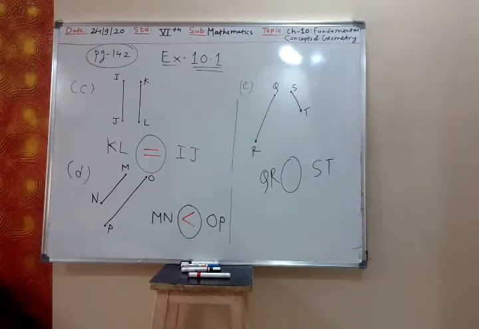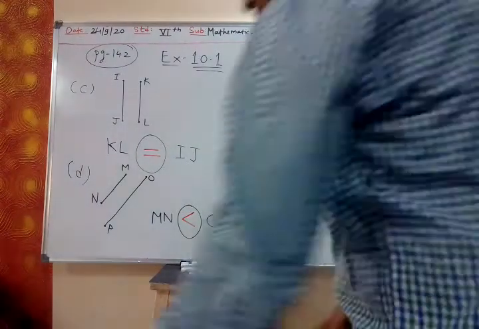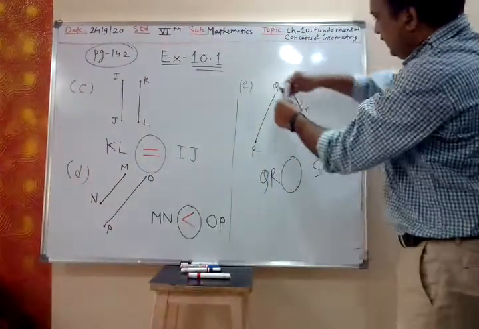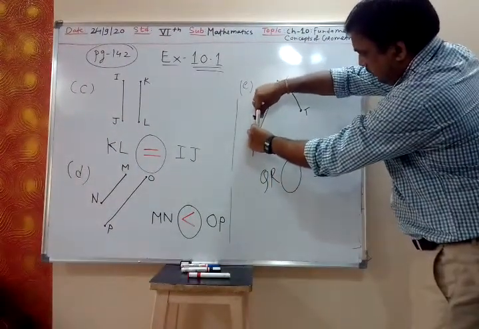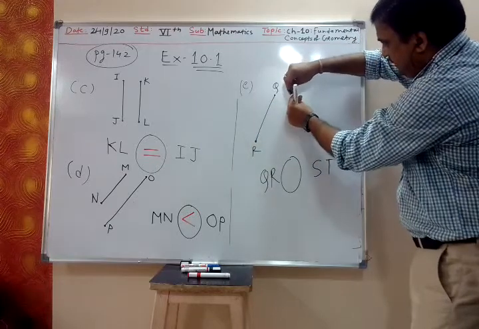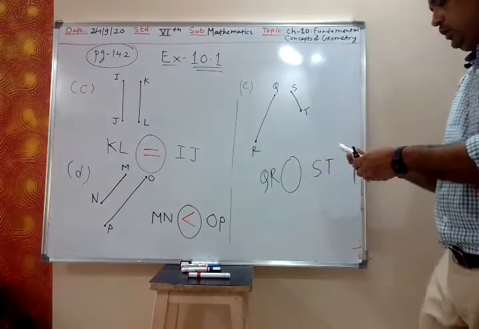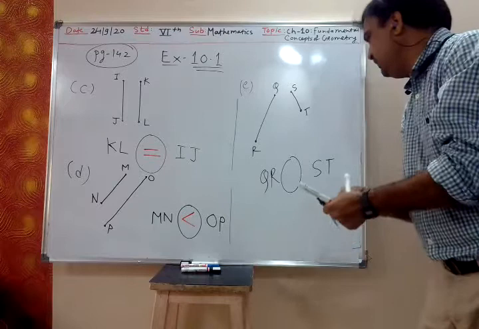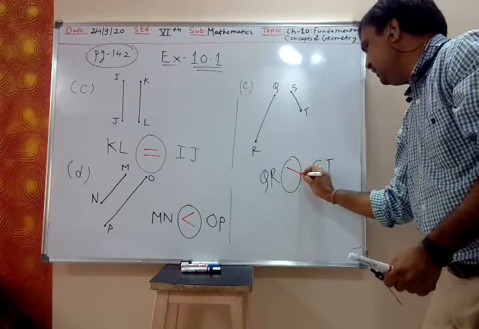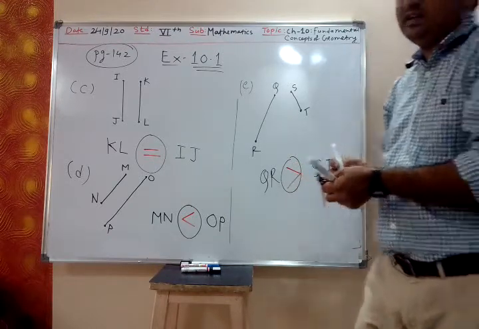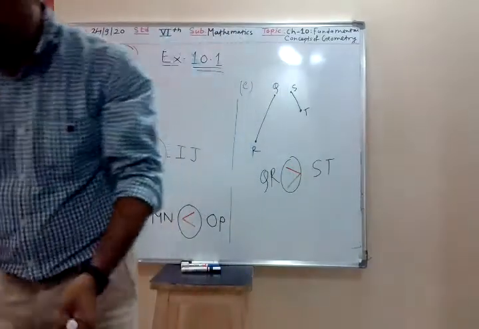Take the divider and measure the length of the line segments. This is my divider. QR is this much bigger length and ST is smaller length. So QR is bigger than ST. So QR is greater than ST.